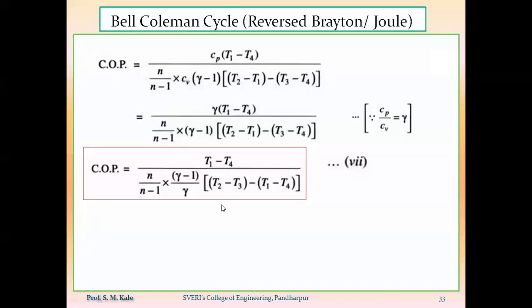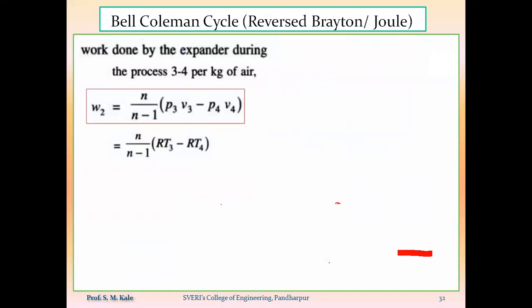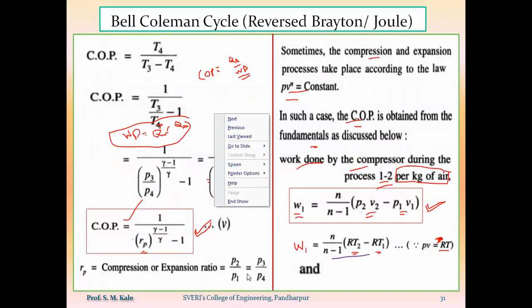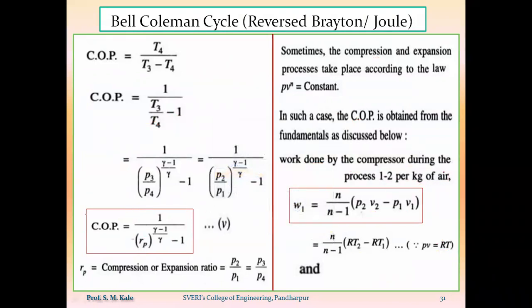Okay. So up till now we have seen two equations for calculation of COP of reverse Brayton cycle or Bell-Coleman cycle. First equation of COP is this: COP is equal to 1 upon Rp raised to gamma minus 1 upon gamma minus 1.